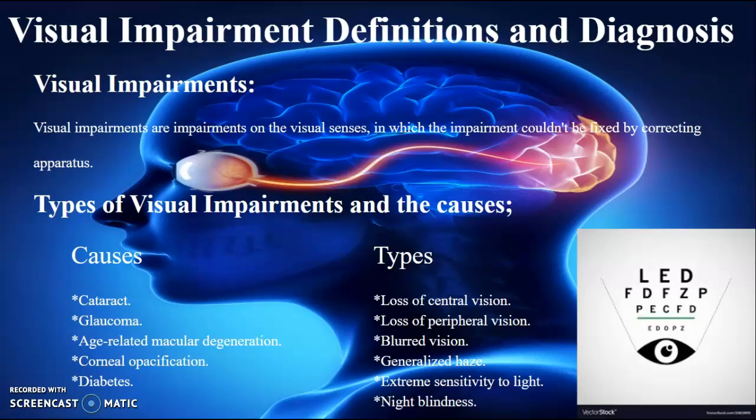Your central vision is the focus vision. This is the blurry vision that you cannot see anymore. And then you have sensitivity to light, or you even can't see at night, night blindness.